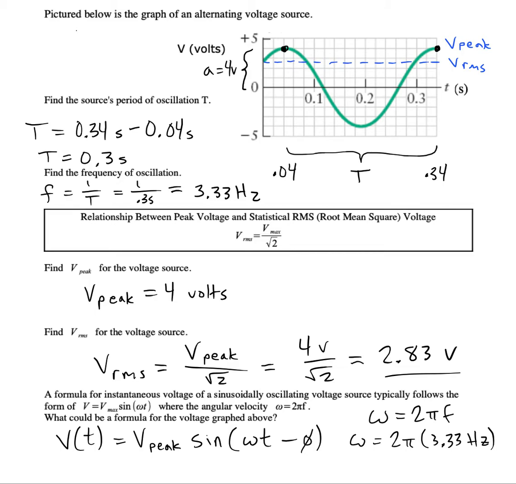And now we need our phase difference. Now that's a little bit tougher to find. Well, keep in mind that the phase difference is equal to omega times h, where h is the horizontal shift of the graph.